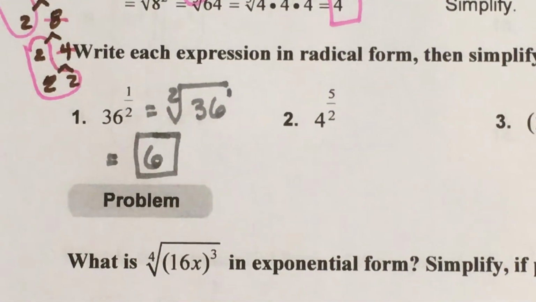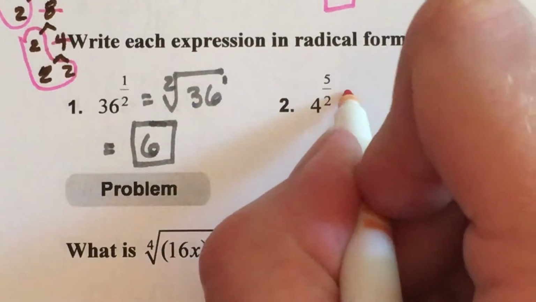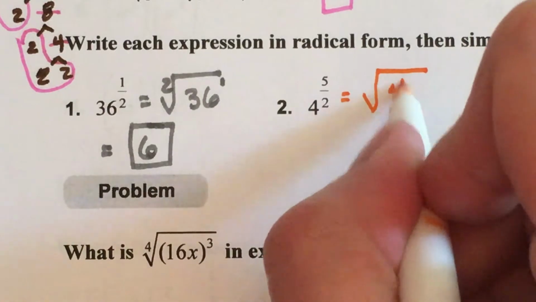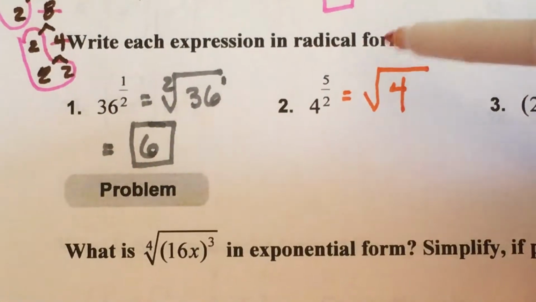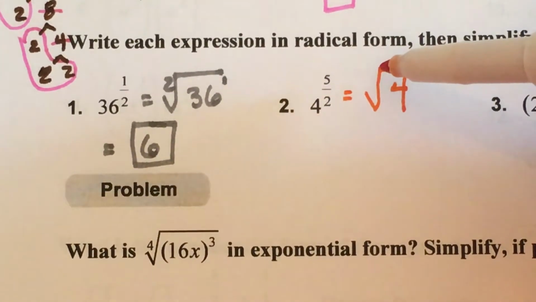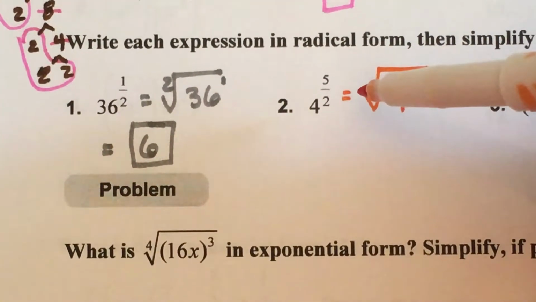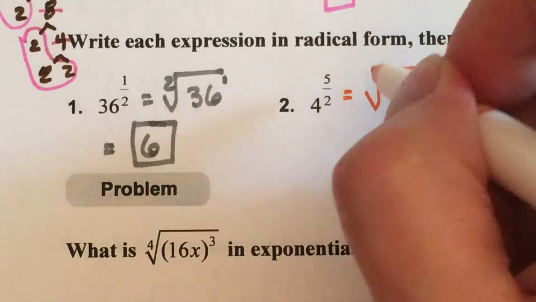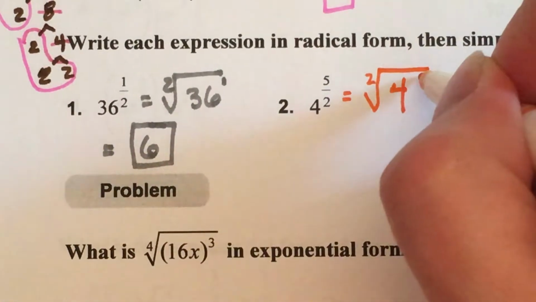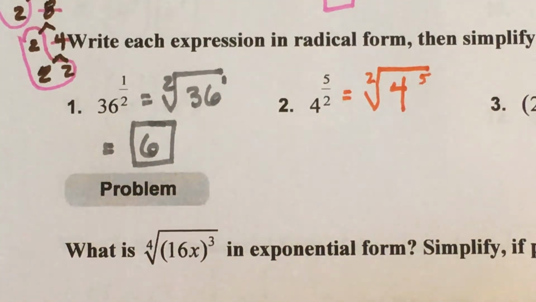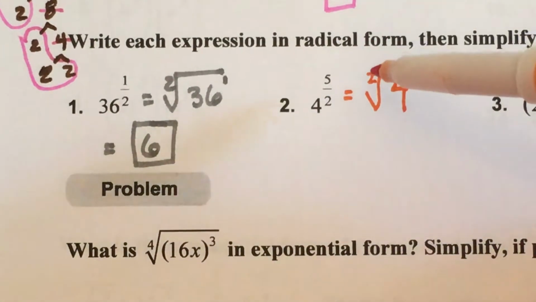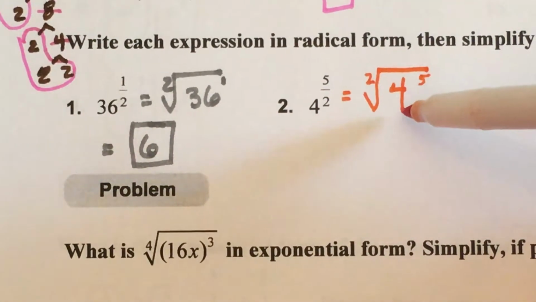Let's go look at number 2 right beside it. So I know that my base is a 4. So what's going to go here as part of the root? The 5 or the 2? The 2. Good, because it is the denominator. The 5 goes inside. So here you get to make a choice. Do you want to take the square root of 4 first?